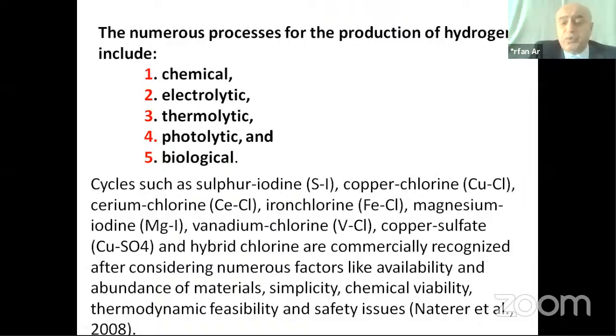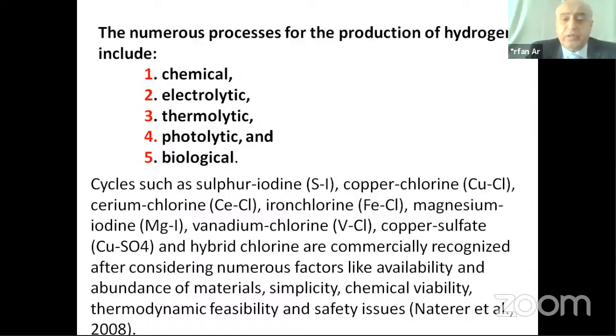Numerous processes for the production of hydrogen include the chemical, electrolytic, thermolytic, photolytic, and biological. Besides this, a large number of technologies for hydrogen production are being developed in the laboratories.